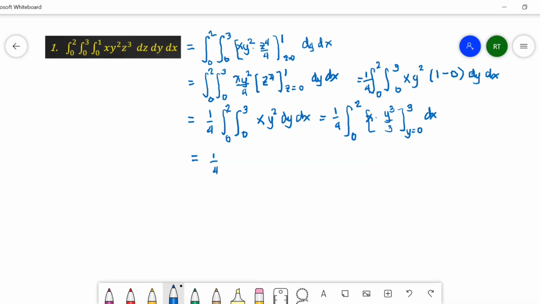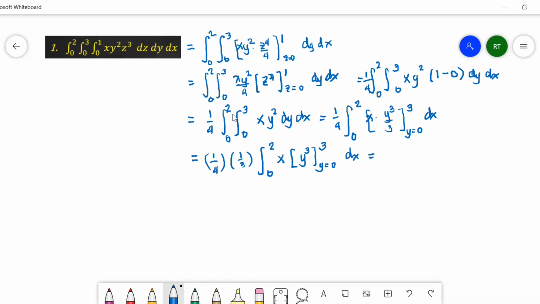So that gives us 1 over 4 times 1/3 integral from 0 to 2. Then we have x, and we shall evaluate y cubed. Take note that x is temporarily held as constant. So we evaluate y cubed from y equals 0 to y equals 3, times the differential of x.